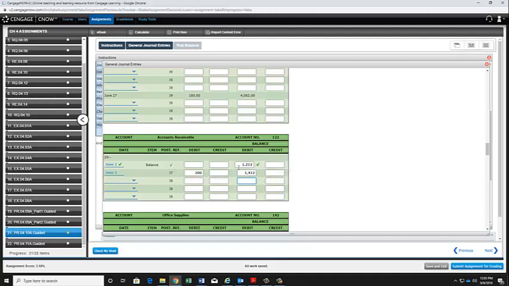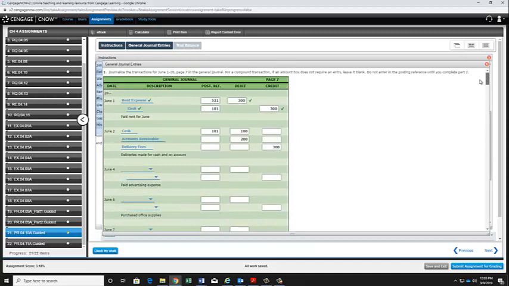You've got to take into consideration the balance that already exists. Okay, the account number for accounts receivable is 122. So we're going to go back and enter 122 as the posting reference because it tells us that we have posted that entry, and in the ledger it tells us it came from page 7 in the journal.